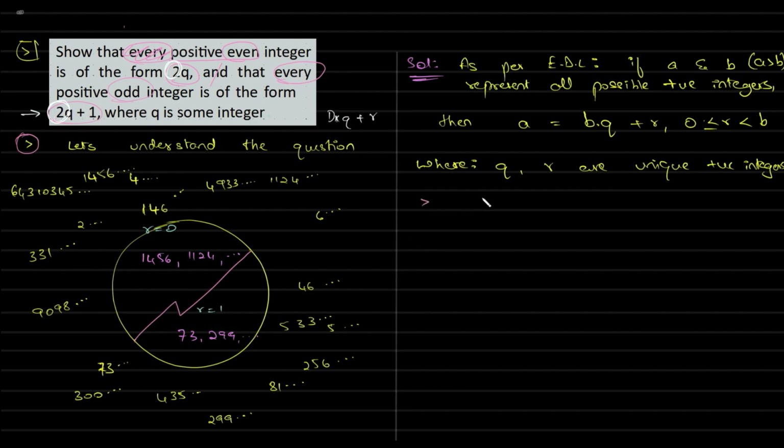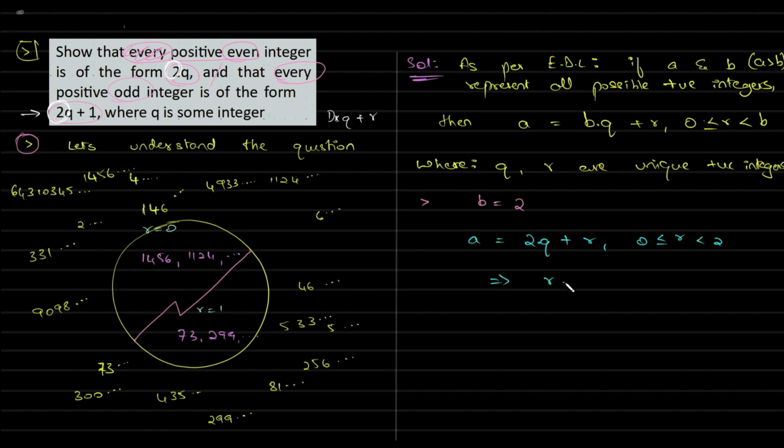But here, the thing which will change is, I'm substituting b is equal to, can you guess? 2. Yes, you're right. So I'm going to write a as 2 into q plus the remainder, where the remainder is between 0 and 2, not including 2.